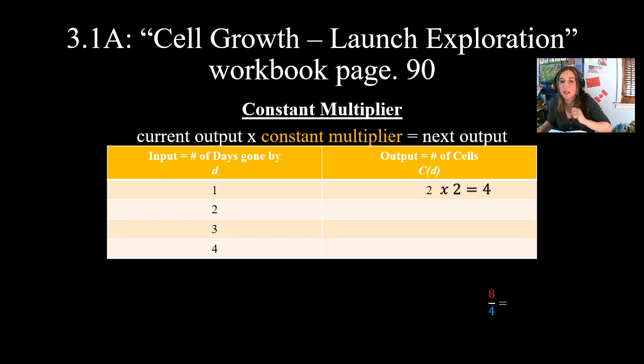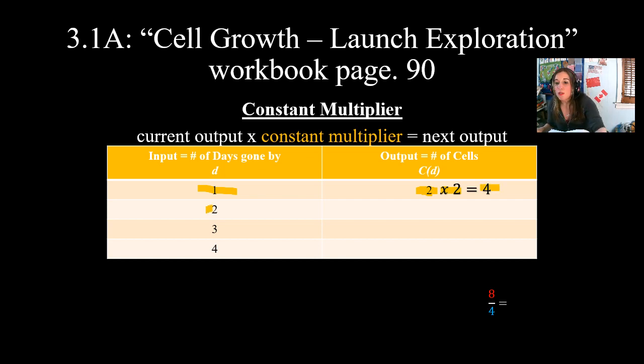So if 1 day has gone by, I had my 2 cells, and I know, because we figured it out in the slide above, that I'm multiplying by my constant multiplier of 2 to then get to 4 cells.